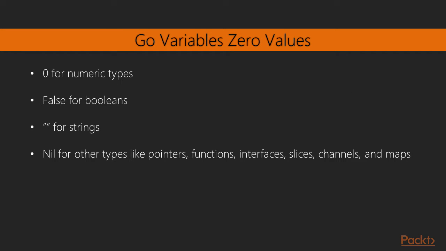If a variable is declared but not assigned a value in Go, it gets a zero value, which is either 0 for numeric types, false for Boolean types, double quotations for strings, or nil for other types, like pointers, functions, interfaces, slices, channels, and maps. We'll discuss those types in detail in this course.